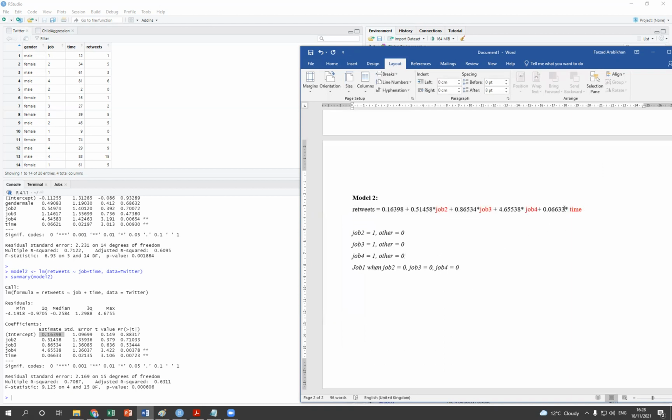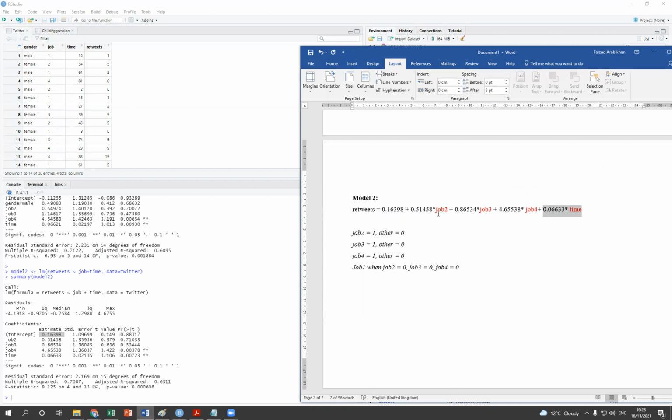So what you see here, all of them together, is that the job 4 coefficient is way bigger than the other ones. It means that it has more influence on the number of retweets, the same as time, but time's values are totally bigger.